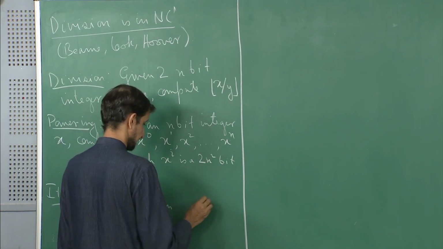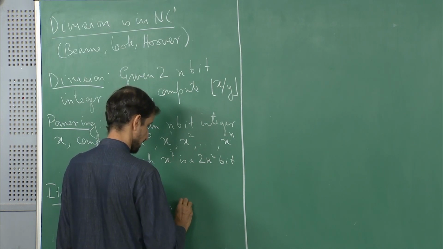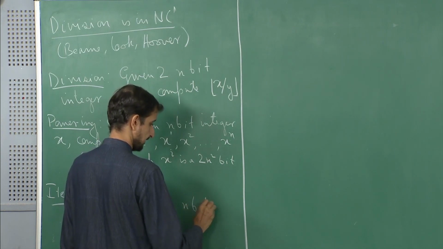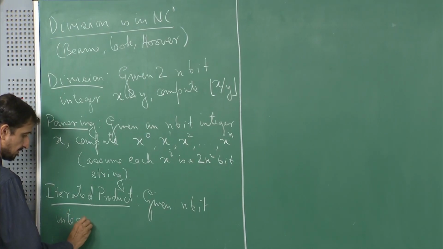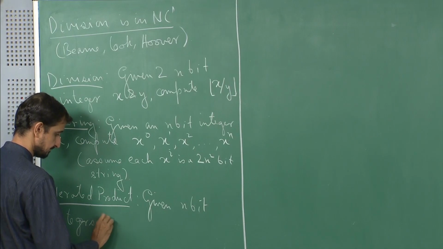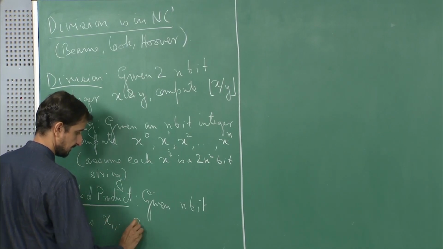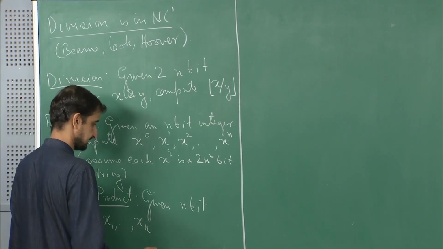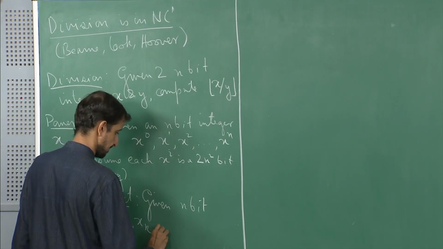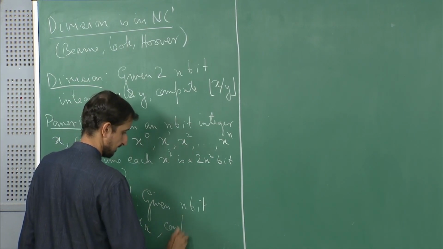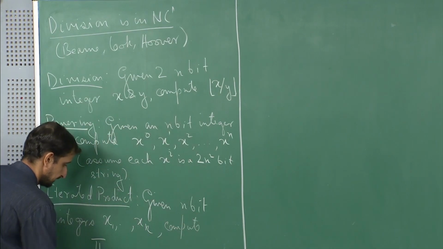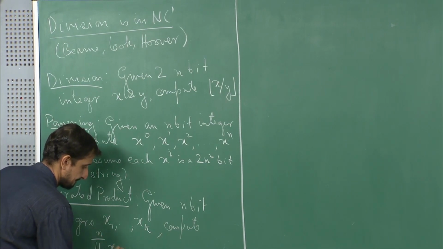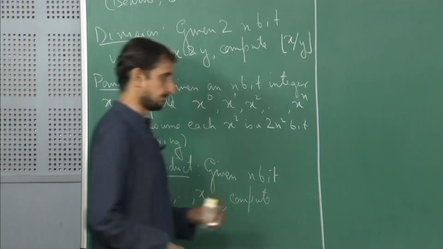Given n bit integers x1 to xn, we want to compute the product of all these numbers.